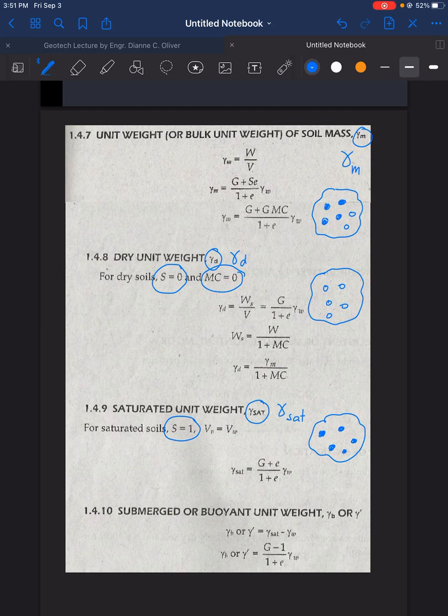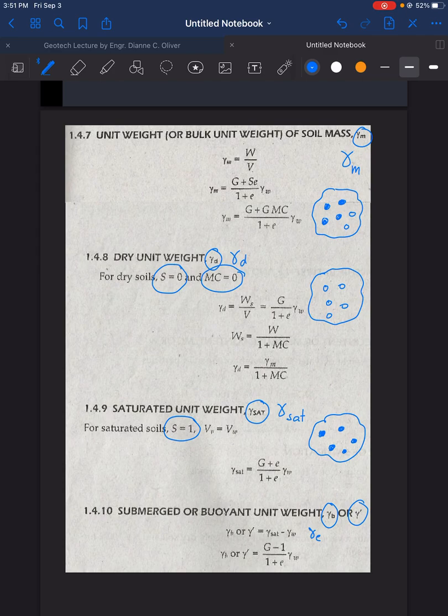Now let's go to the fourth one, the submerged or buoyant unit weight, that is the gamma B or gamma prime. It's also known as the effective gamma. Buoyant unit weight or submerged unit weight is actually the effective mass per unit volume when the soil is submerged below standing water.